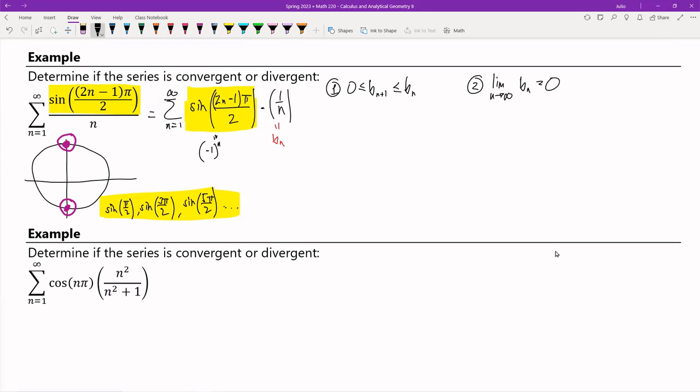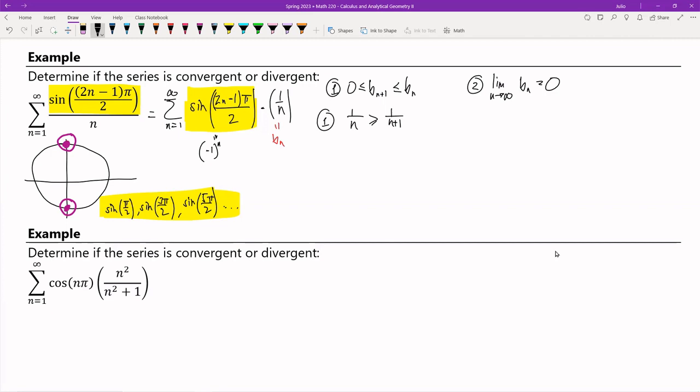So let's go ahead and do number 1 first. This one is pretty obvious. We need to show that 1 over n has to be bigger than or equal to 1 over n plus 1. You can use calculus, but this is something you should be able to argue at this point.